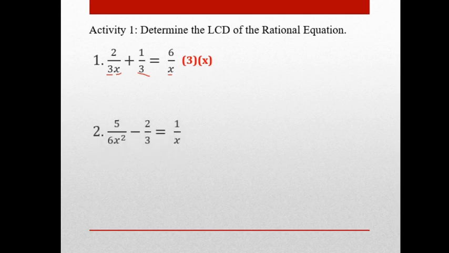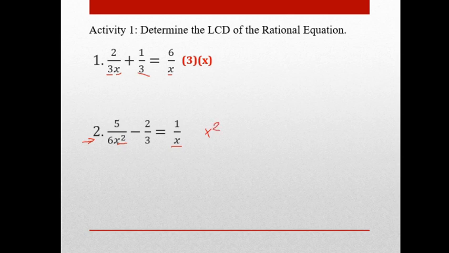Number 2. 6x squared, 3 tsaka x, yan ang denominators natin, no? Kung mapasin natin, meron tayong x squared tsaka x. So, ang ililista lang natin dyan, yung x na merong higher exponent, which is x squared. So, isa na yun sa factors sa LCD natin, x squared.